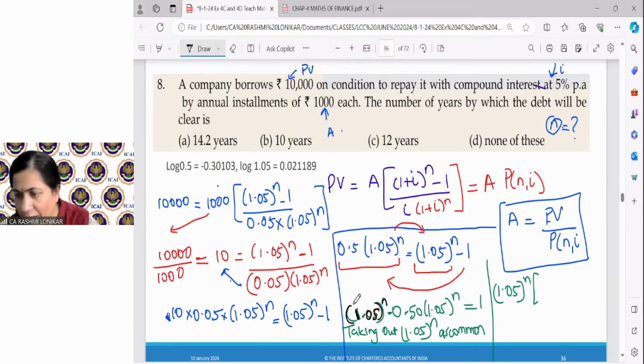If I take that outside the bracket, what will remain here? 1 is going to remain here. So when I take out 1.05 raised to n, I will get 1 minus, from this term, 0.5, which is equal to 1.